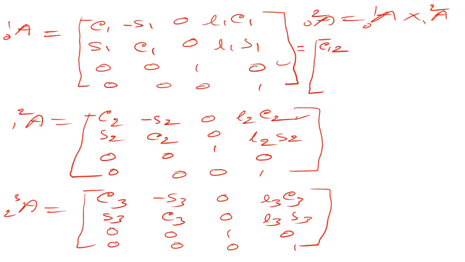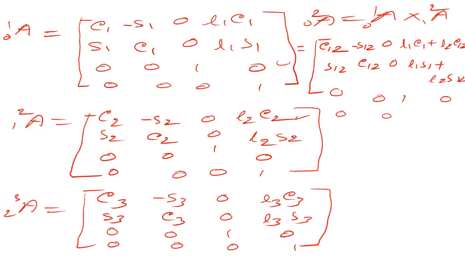C12, minus S12, 0, L1 C1 plus L2 C12, and then here S12, C12, 0, L1 S1 plus L2 S12, and then 0, 0, 1, 0 and then 0, 0, 0, 1. So this is the A02.